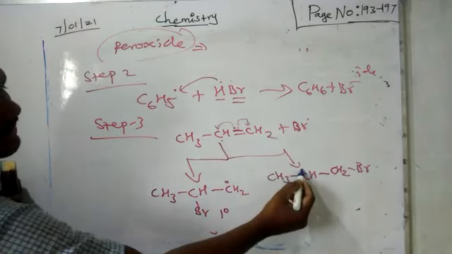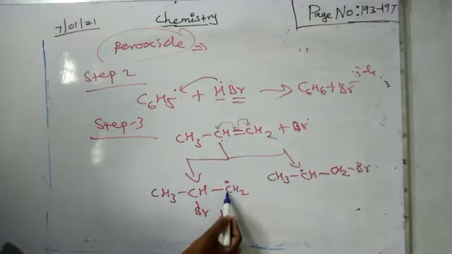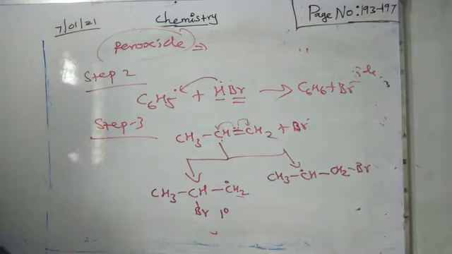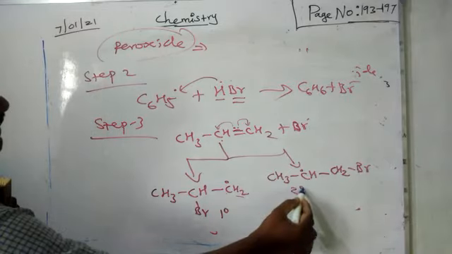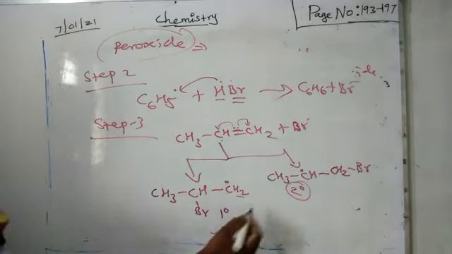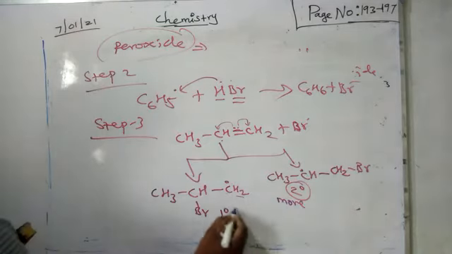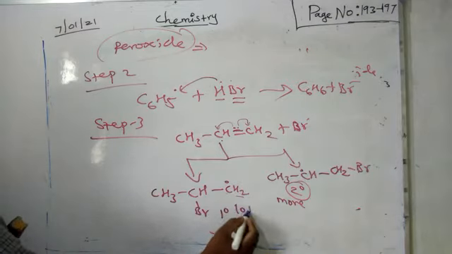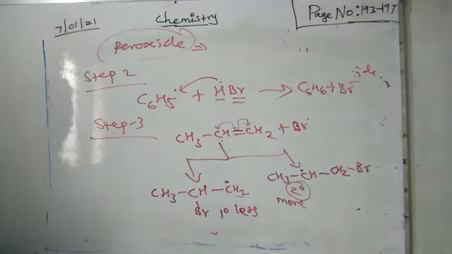This is the secondary free radical because the carbon has 2 hydrogens. So this is primary, secondary. Always the secondary free radical is more stable. The primary free radical is less stable. In the previous mechanism, carbocation, we have seen a similar concept. Primary less stable, secondary more stable.